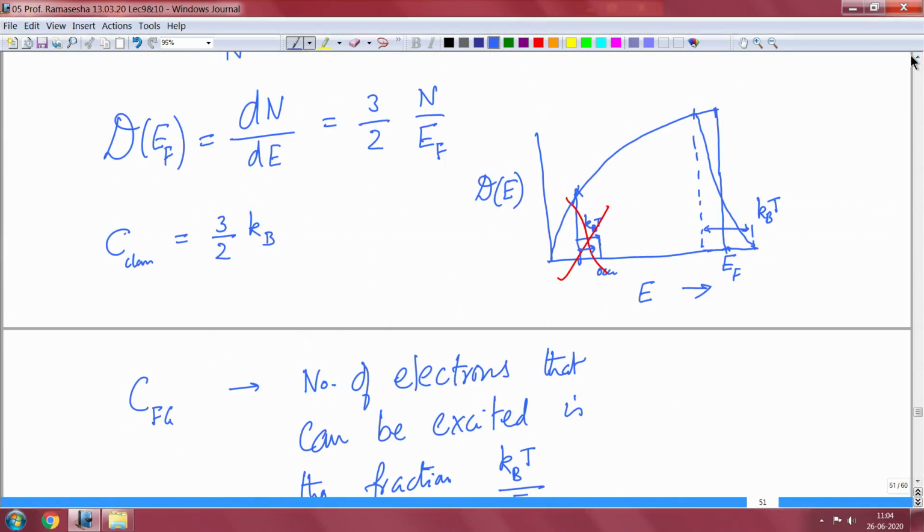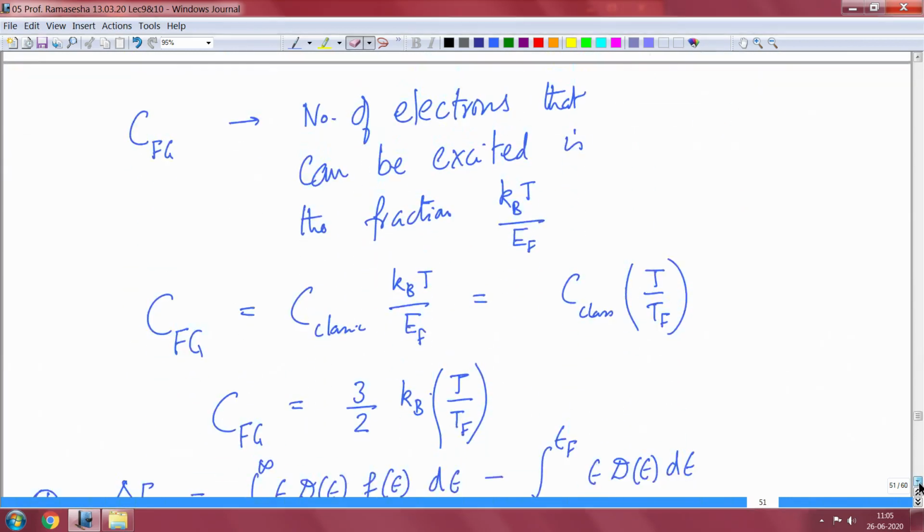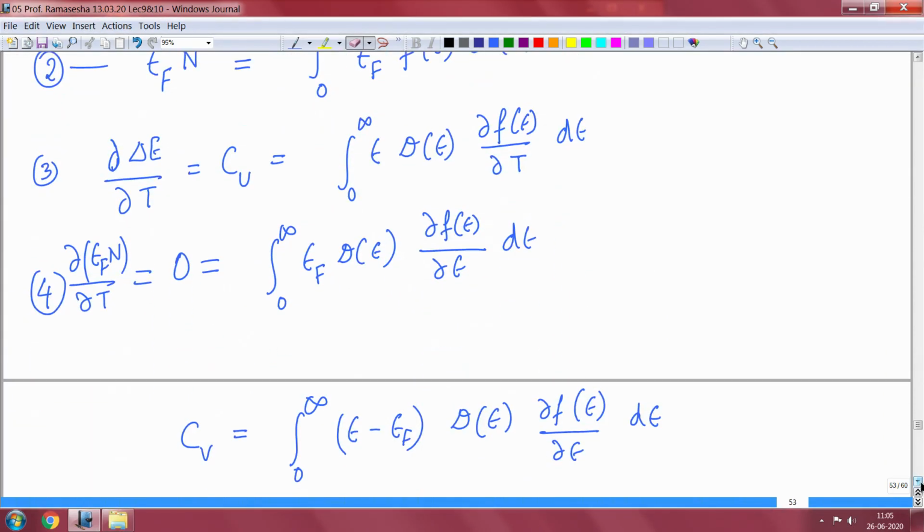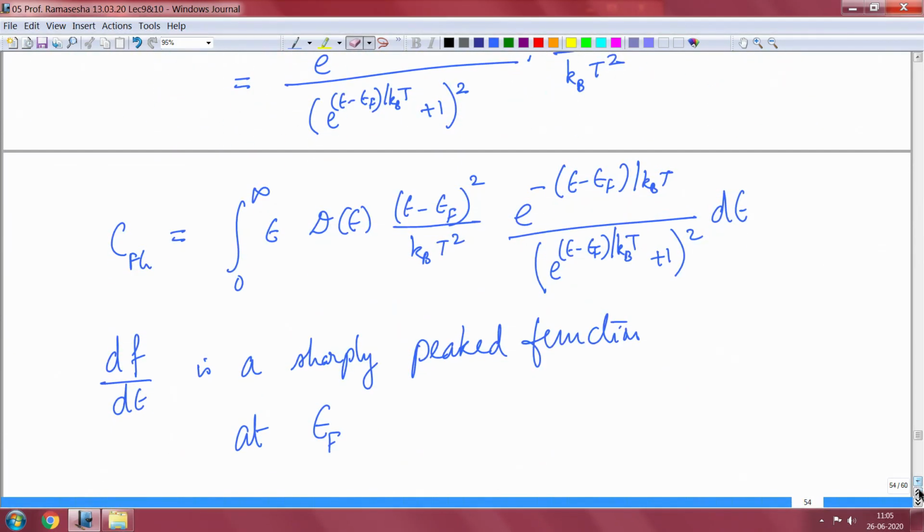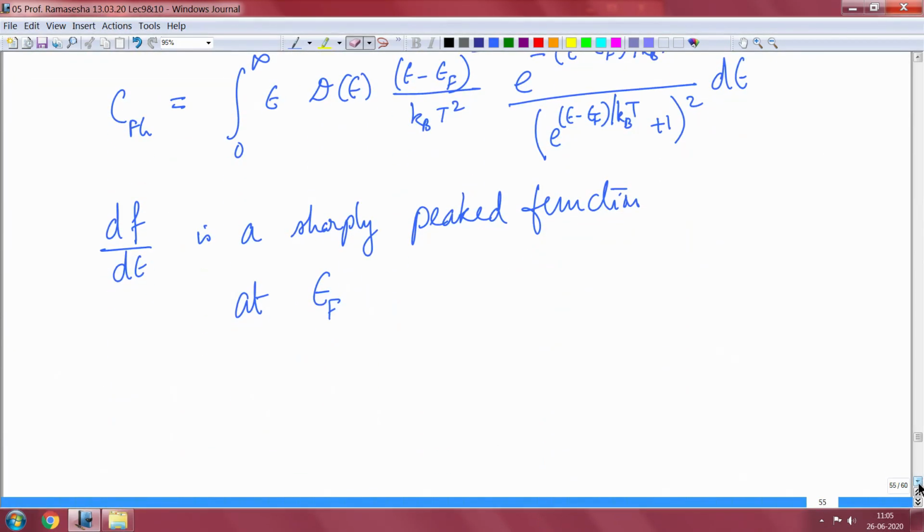You can see here that it is a really sharp step function at E_F at T equal to 0, and it is quite sharply dropping even at finite temperature, as long as the temperatures are small enough, with T by T_F of the order of 10 to the minus 2 or 10 to the minus 3. Because of that, this function is going to be very sharply peaked, which means that D of E can be taken as a constant, D of E_F.